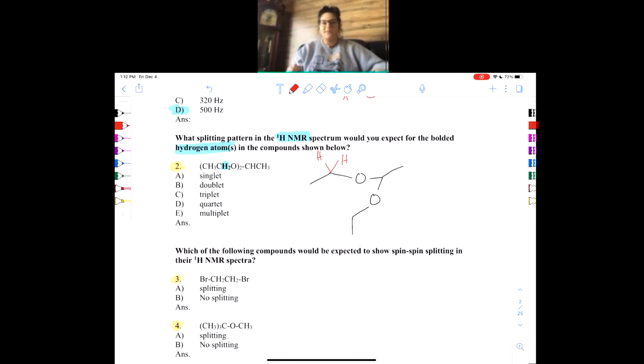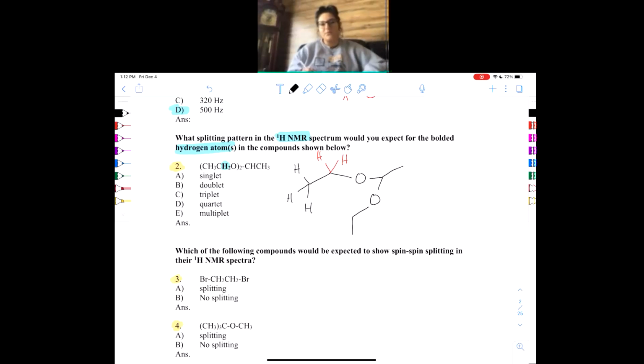And we are looking for splitting. So first things first. Are we going to split through a heteroatom? No, unless he says this is a pure solvent, but he's only going to do that in lab, right? Not in this lecture. So these red hydrogens have 1, 2, 3 neighbors.